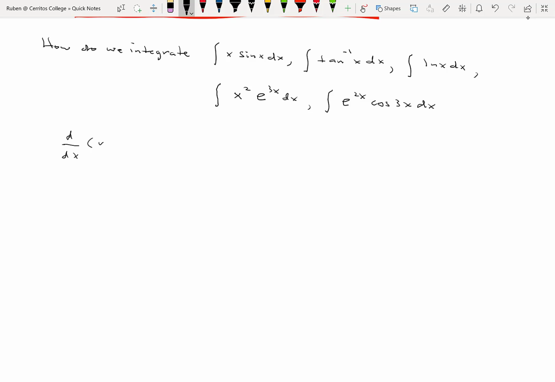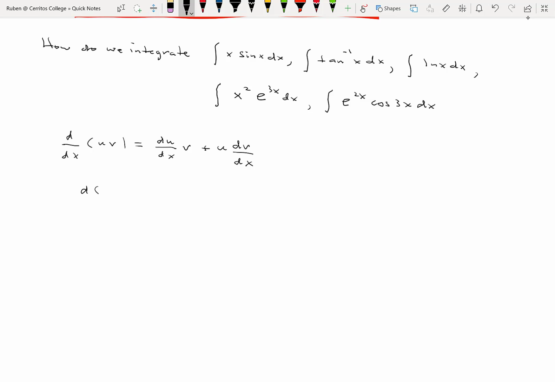Let's say we have two functions, u and v, functions of x. So the product rule says the derivative of the first function times the second plus the first function times the derivative of the second. Okay. Now let's assume we can treat these derivatives like differentials, like in integrals, we have dx or du, dv, whatever. Instead of derivatives, let's multiply both sides by dx and treat the quantities as differentials.